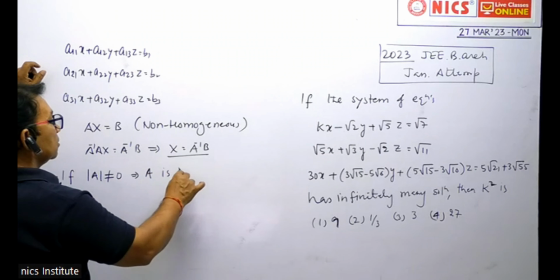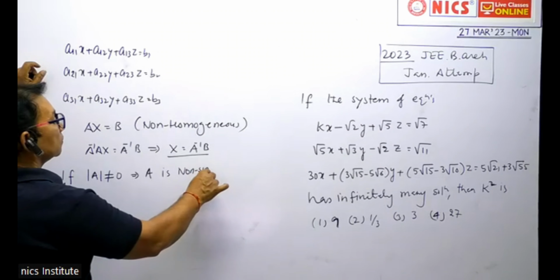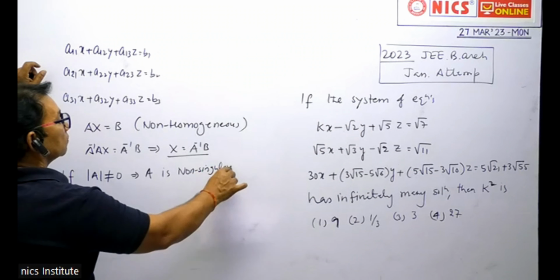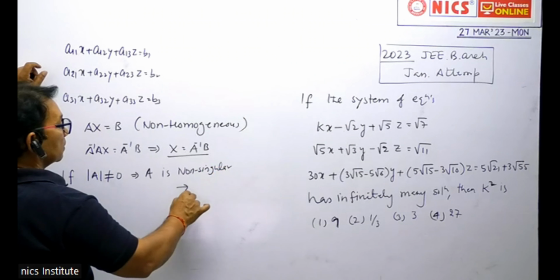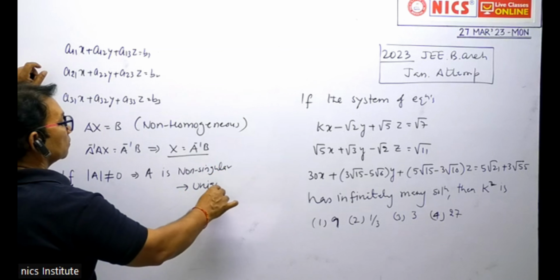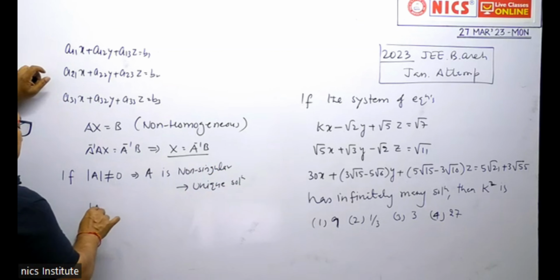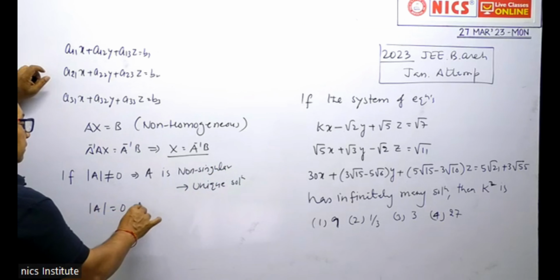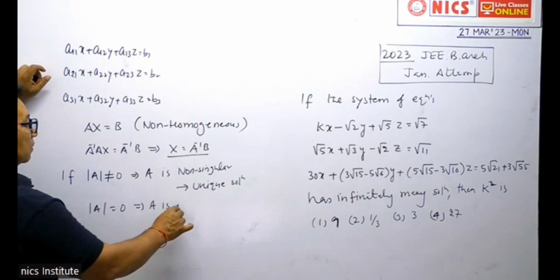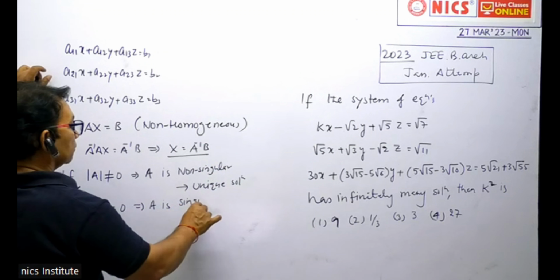We say that A is non-singular, and the system has a unique solution. When determinant A is 0, we say A is singular.